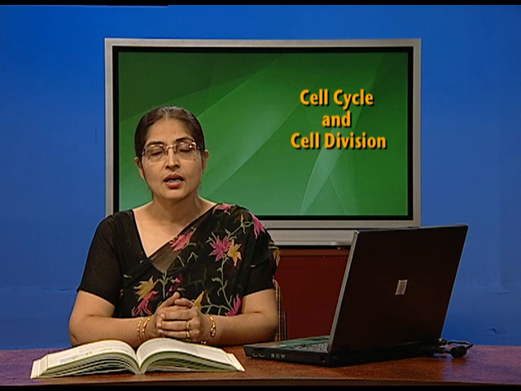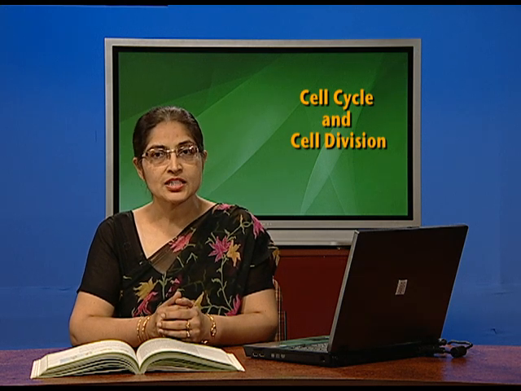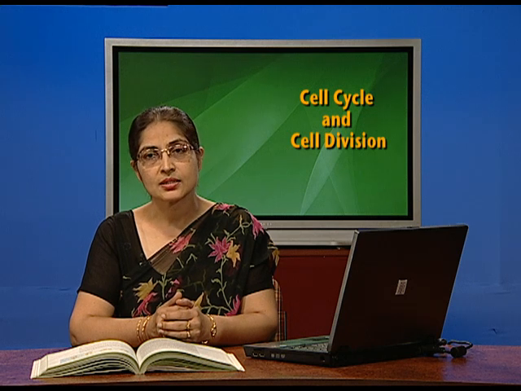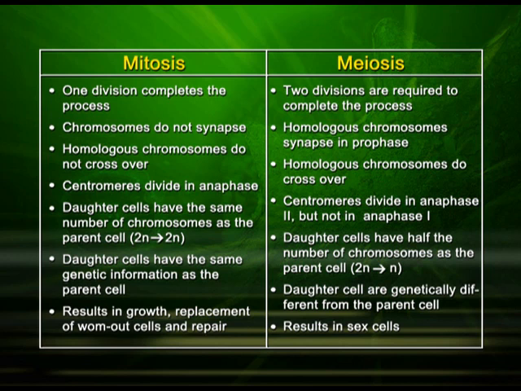Students, by now you should be able to point out the differences between mitosis and meiosis. Let's write them down. In mitosis, one division completes the process, whereas in meiosis, 2 divisions are required to complete the process. In mitosis, chromosomes do not synapse.